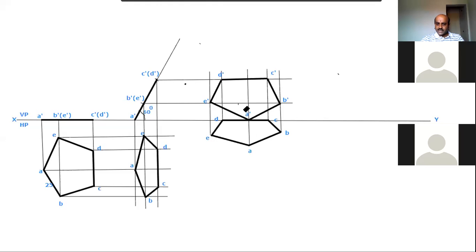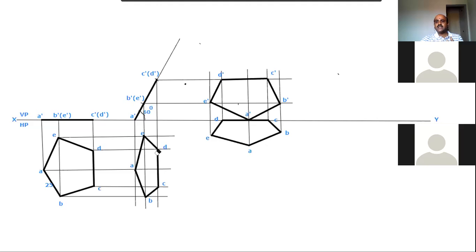Construction of this pentagon is a challenging task. Challenging means it takes a little bit of your time. Please construct this. I want the second top view to be exactly in the third position. If you make a mistake here, you are going to lose 50% of the marks. Be careful. Out of 25, you will lose 13 marks on this if the pentagon is not the same as that one. Please use any method. I am not saying you have to use the same method, but I prefer the compass method.